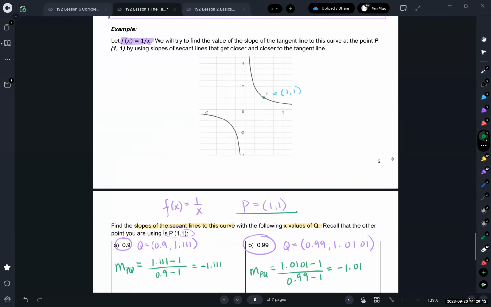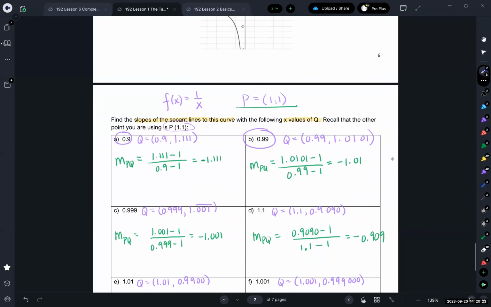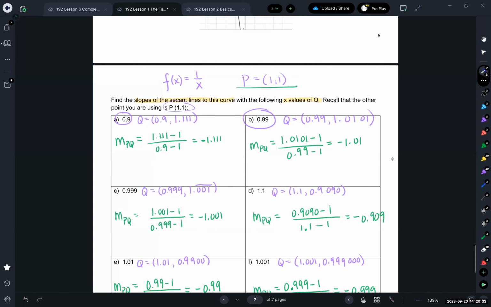So those would be representing points that are on this side of P. And when we did that, we saw that the closer we got to that P point, because each one of these x values is getting closer and closer to x equals 1, my slopes got closer and closer to -1.